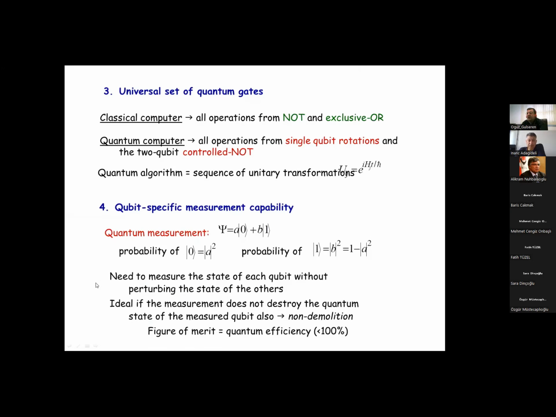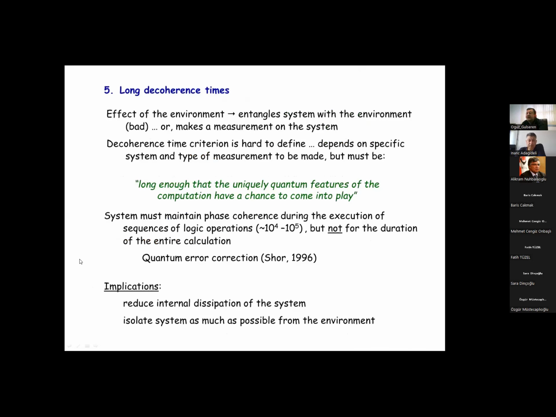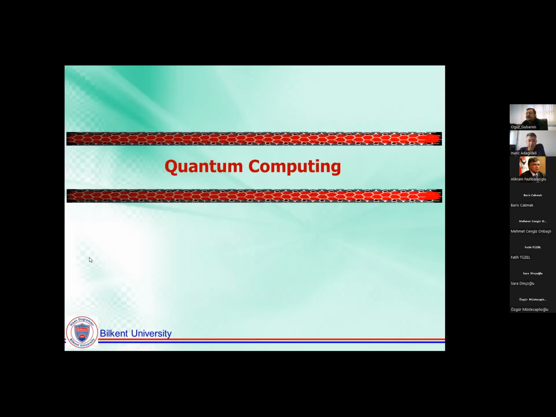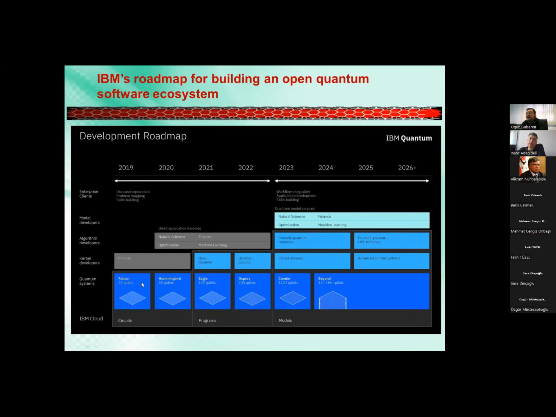Here, for example, it starts at 27 qubits, then in a year it goes to 65 and so on. Still, these are small numbers, okay? With scaling, I mean that on that chip, you include that many qubits within your processors.